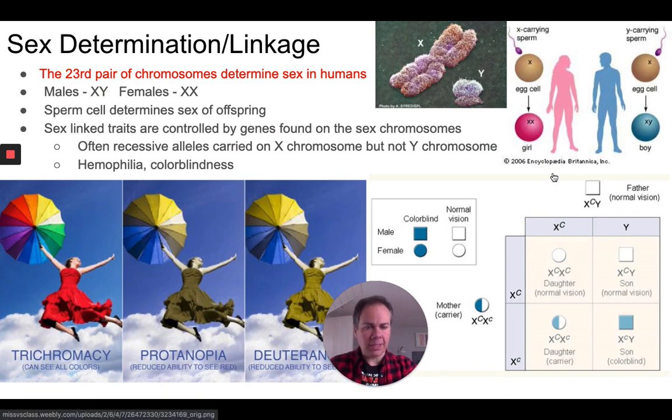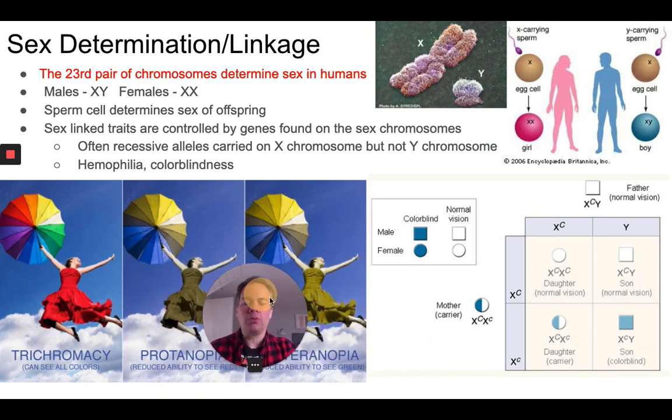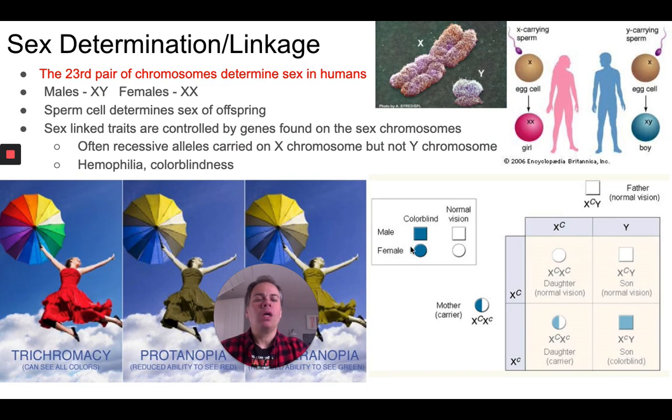So let's look at an example. If we're trying to show a Punnett square with a sex-linked trait, we include the sex chromosomes. Here's the male, X and Y. Here's the female, XX. Above those, in superscript, we write the allele that chromosome is carrying.